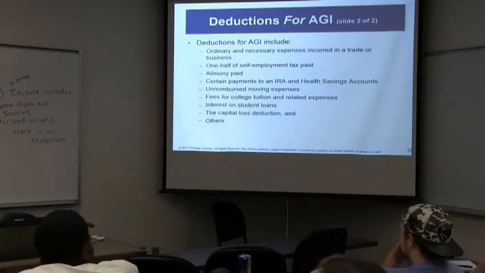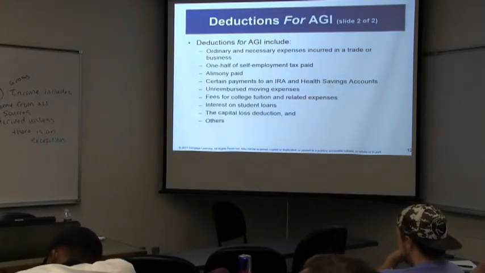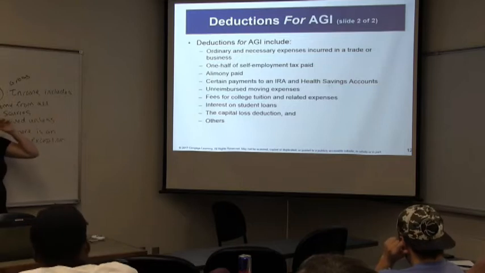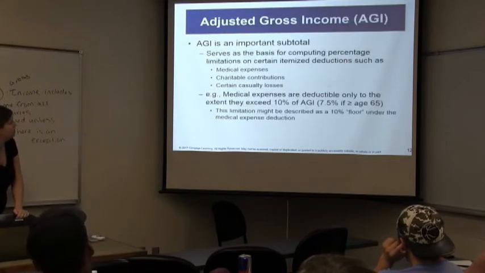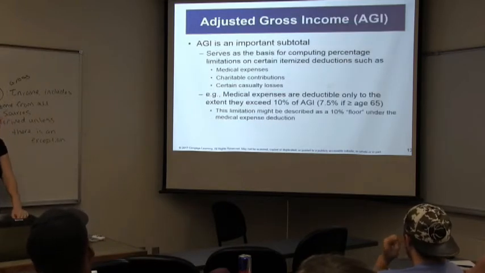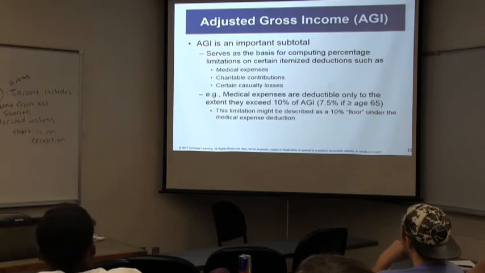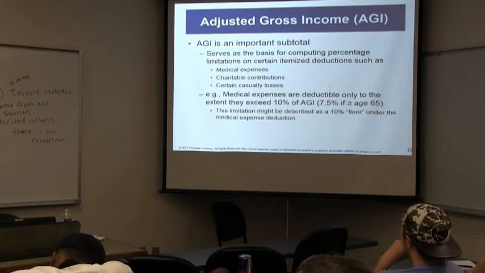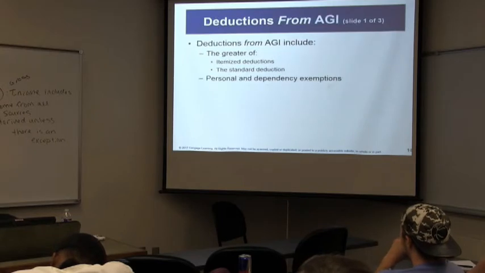These are the ones that are on page 1. Again, don't put too much focus on knowing that for this chapter. We're going to have a whole chapter where we go into detail on each of these. I just want you to understand the general picture. Okay? AGI is very important. As I just said, it affects a lot of other things. Make sure you get your AGI right.